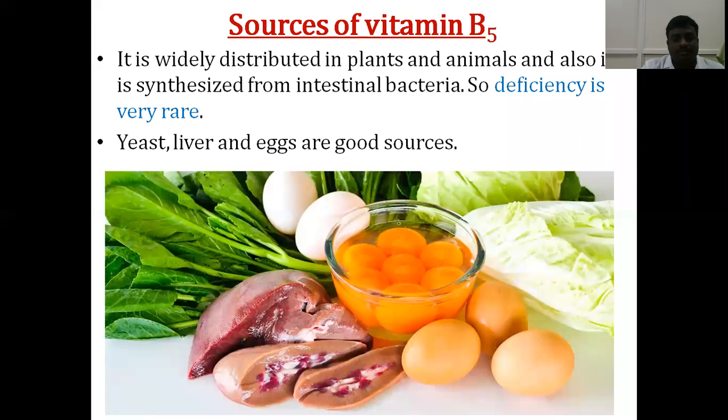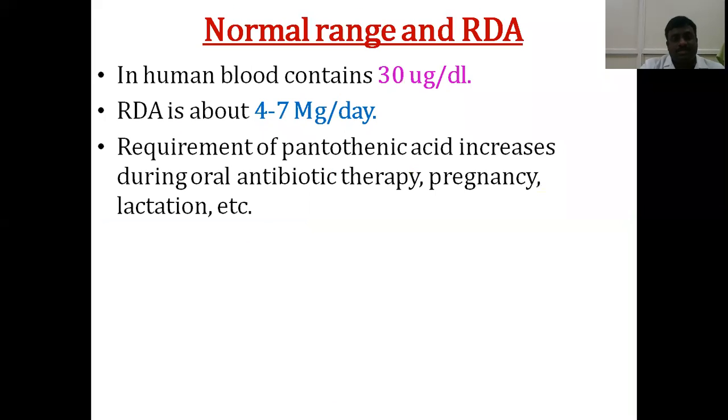Sources: the normal range in human blood is 30 micrograms per deciliter. To maintain this 30 micrograms per deciliter, the daily requirement is around 4 to 7 milligrams per day.